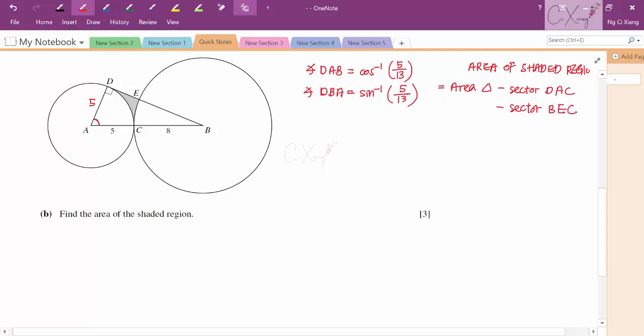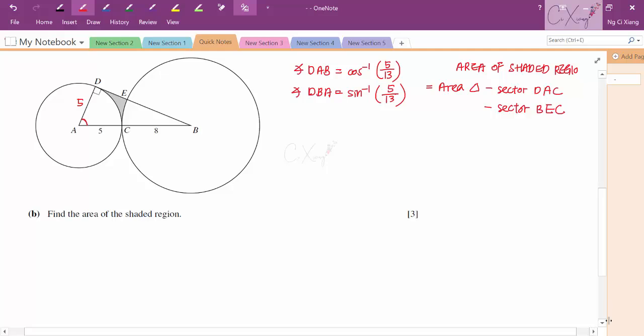Okay, so this is how we find the area of the shaded region.